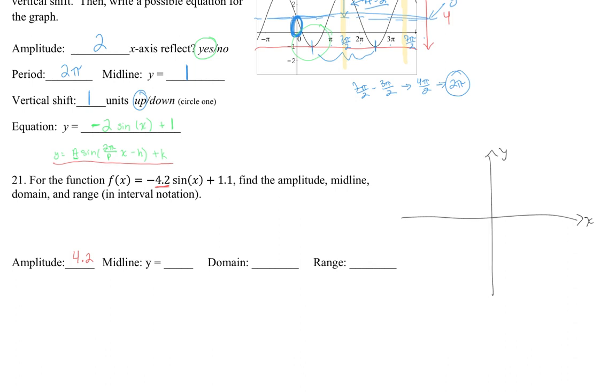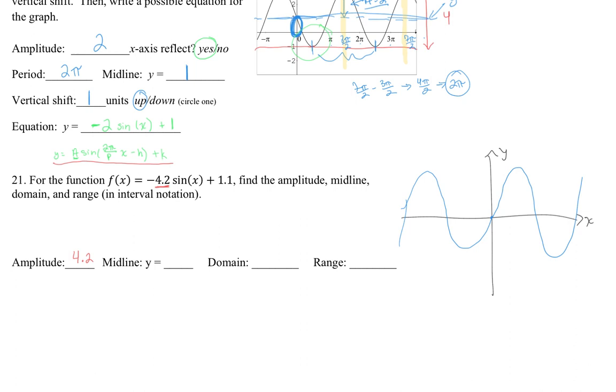So our normal sine graph looks something like this, right? Something like that, I think. Basically, we're crossing here at 0, 0, and our amplitude is just 1.